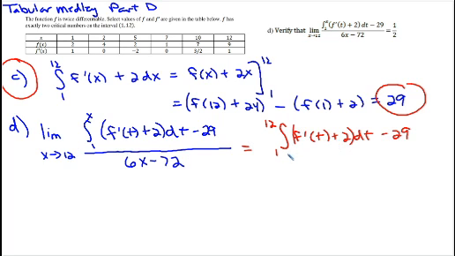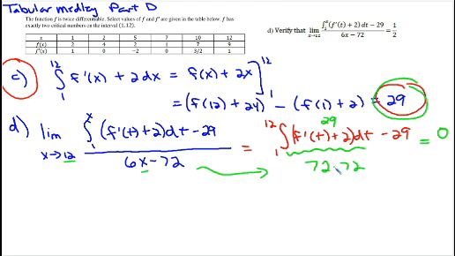We've got the same thing that we used in part C. So this is 29. And 29 minus 29 is 0. And if I evaluate the bottom, if I substitute this 12 in for x, then I have 72 minus 72, which is 0. And we have our indeterminate form, so we can use L'Hopital's rule.